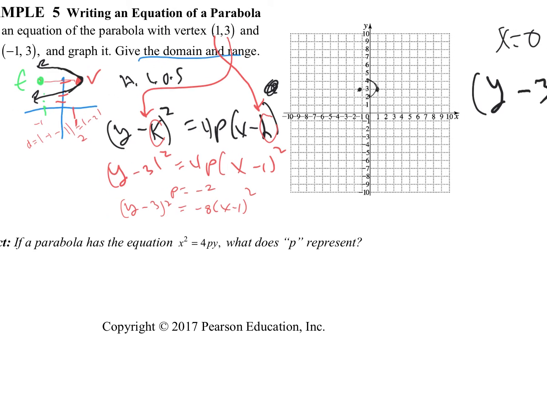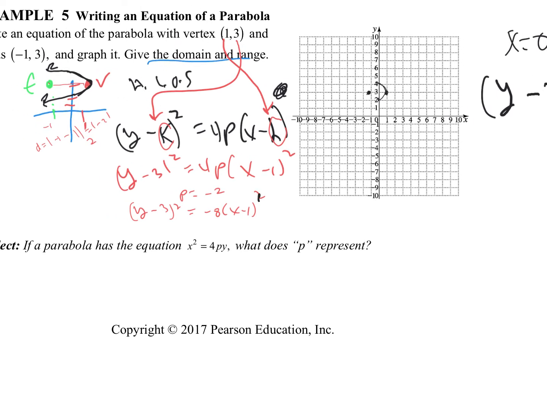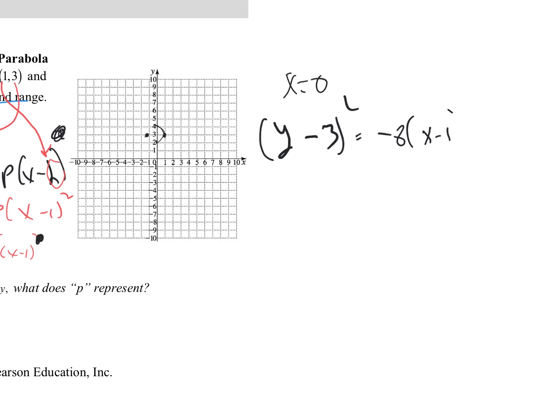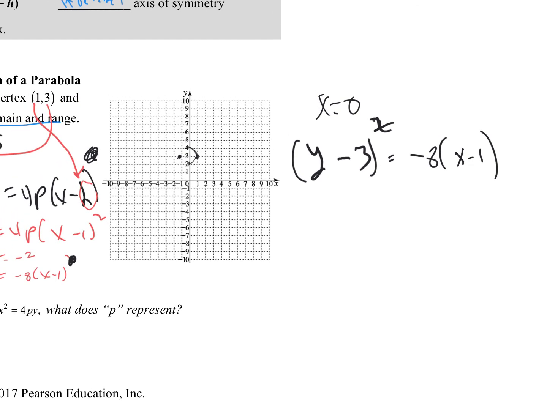Why do I keep squaring that other side? I did it twice. There. That is squared because it was a y squared, meaning it's going to be a horizontal axis of symmetry. Okay, so solve this equation.